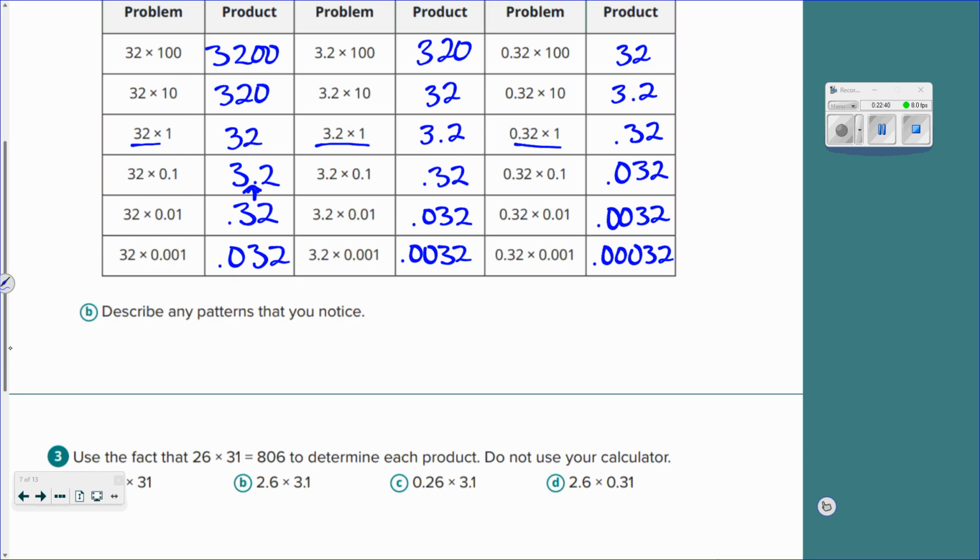So, as I multiply by 10, I move the decimal right.